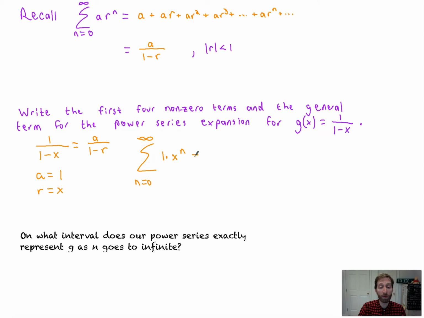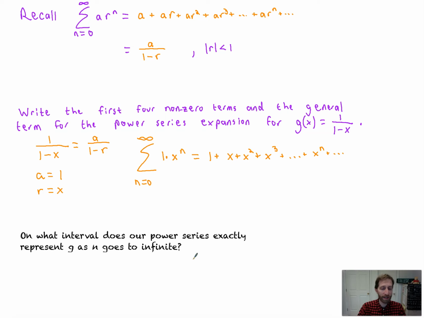When we expand that out, the first term is 1 plus x plus x squared plus x cubed. The first 4 non-zero terms, and the general term: plus dot dot dot plus x to the n, and it keeps on going.